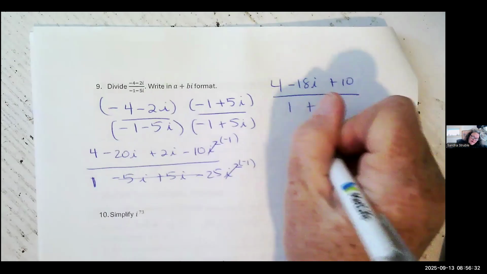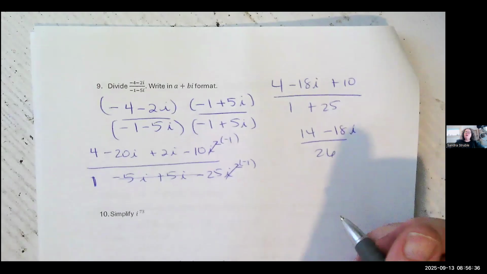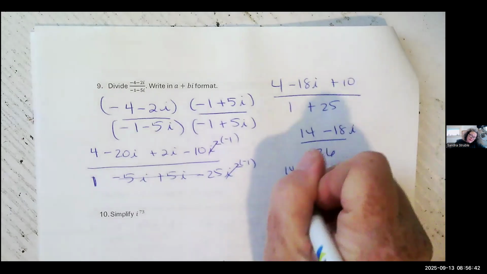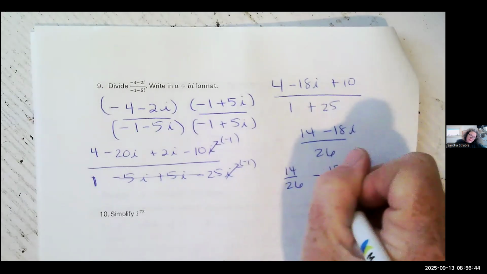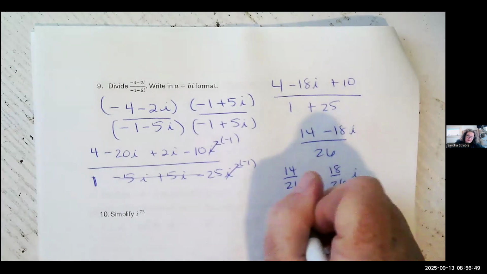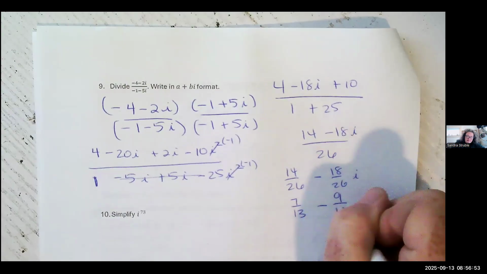That is 14 minus 18i over 26. But we need to put this into a plus bi format, so 14 over 26 minus 18 over 26i, and we can reduce these by 2. So 7/13 minus 9/13 i.